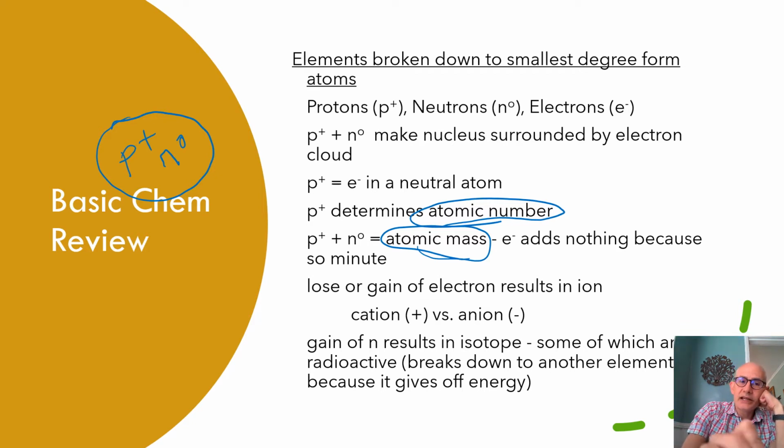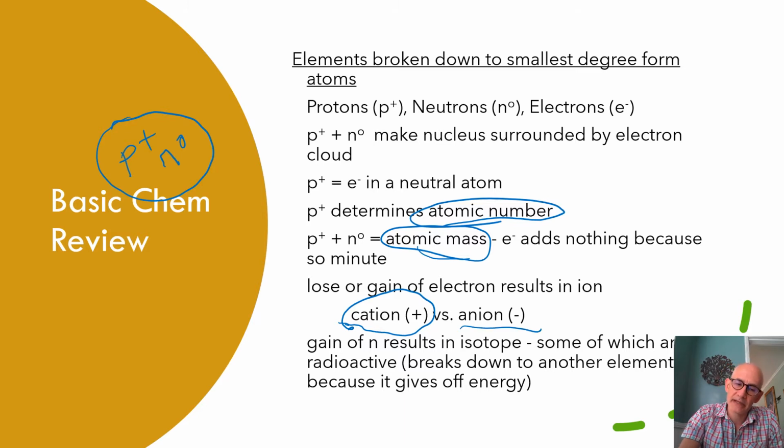If we lose an electron, then we are going to become positive because we will have more protons than electrons. And if you are a positive ion, then you are a cation. If you are gaining electrons, then you have more electrons than protons, so you are negatively charged. So then you would be an anion.